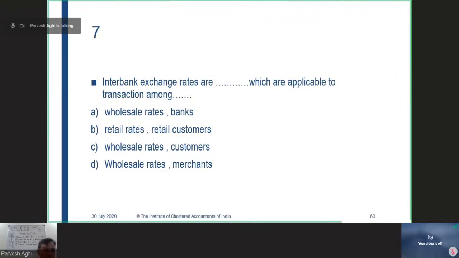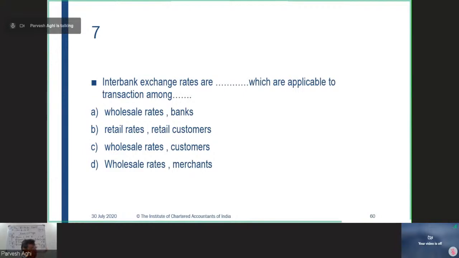Wholesale rates or retail rates, which are applicable to transaction among whom? The retail customers, banks or merchants. So what is the right reply? Let me know, 7, what's the answer? The 7th answer is A. Absolutely right. I think most of you have given the right answer. I'm seeing A all over the screen. So A is the right answer.